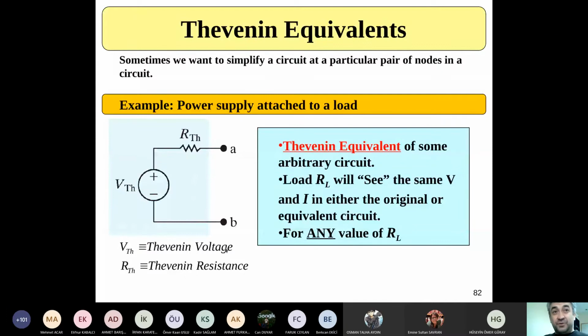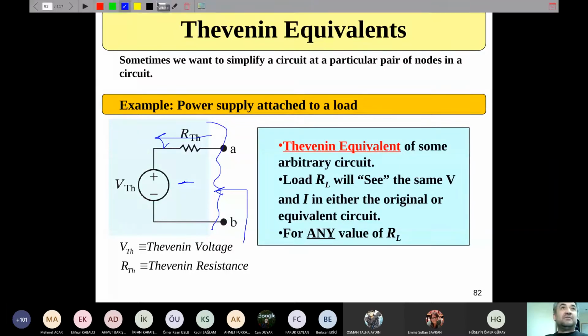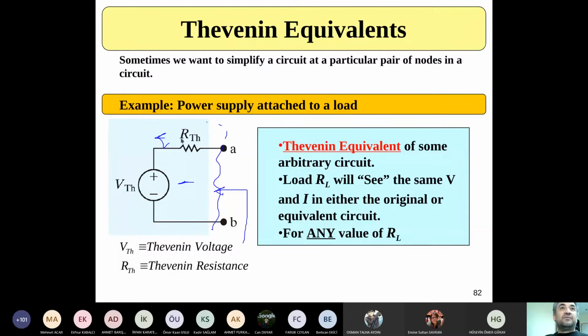Looking from these two terminals A and B, when we look back in here, we want to put the simplest circuit possible to represent what everything above this portion does. One way of doing this is using a voltage source and a resistance in series with it.